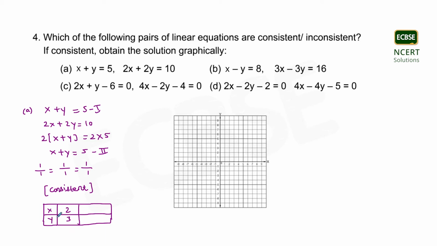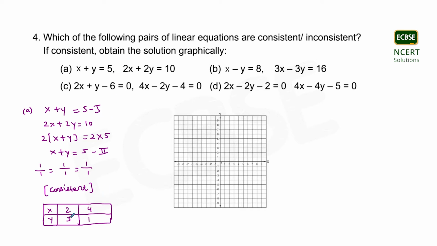And if we suppose the value of x to be 4, then the value of y comes out to be 1, right? And as we know, equations 1 and 2 are the same, which means that we do not need to draw a different table for the second equation. The table drawn for the first equation is the same as that for the second.